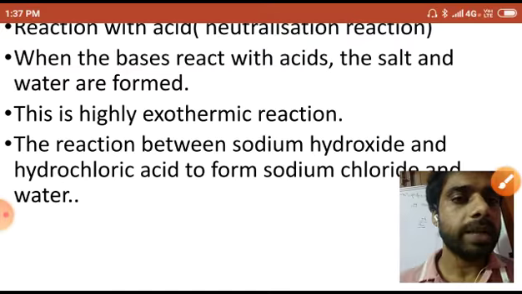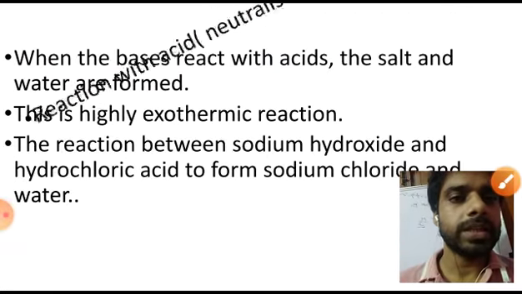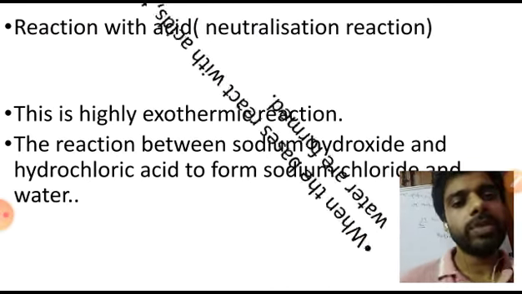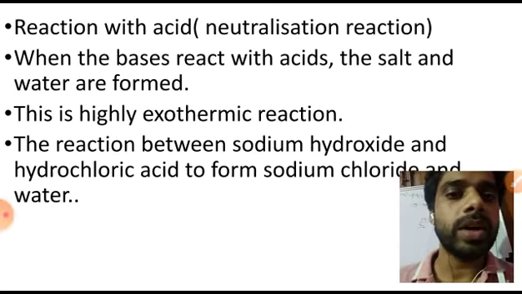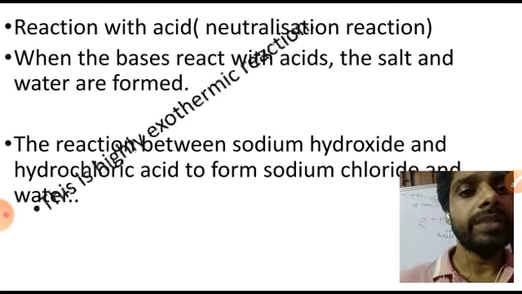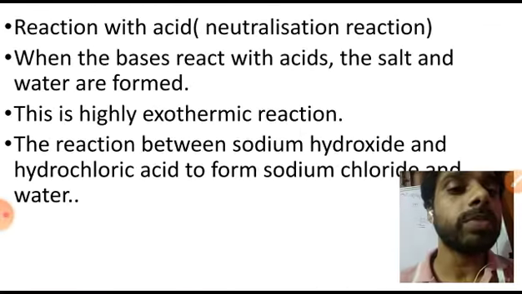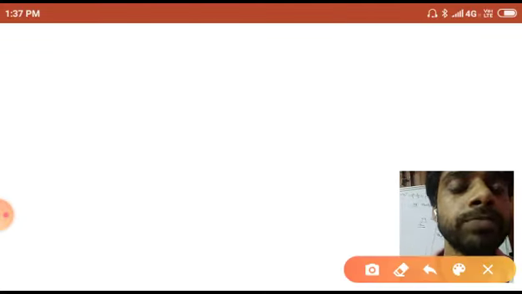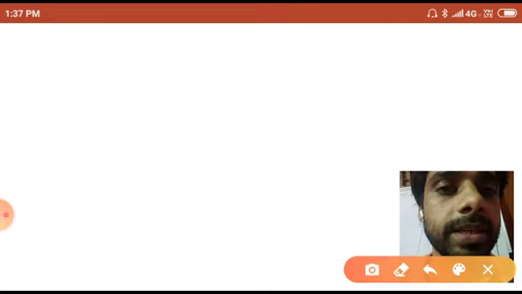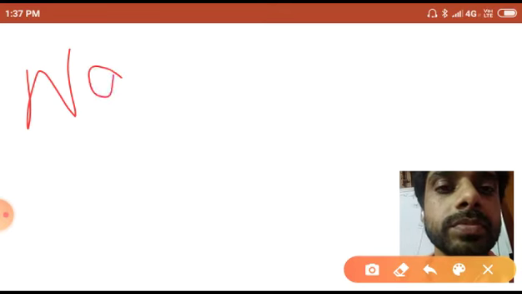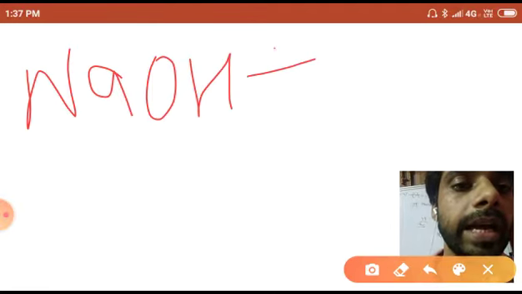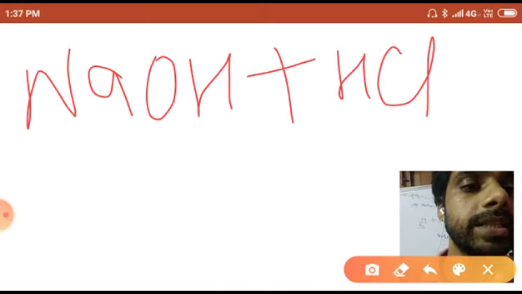Okay, so I am now writing the chemical reaction. Here you can see it is written, when the base reacts with acid, salt and water are formed, and every time it is an exothermic reaction, as it will release a lot of heat. So here I will write the reaction. Base, I have NaOH, and I will react it with acid in a beaker.